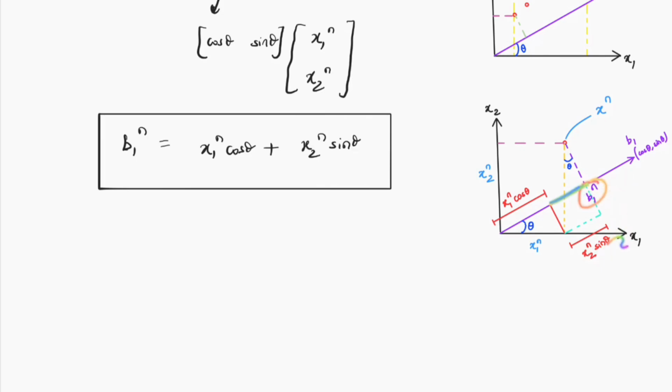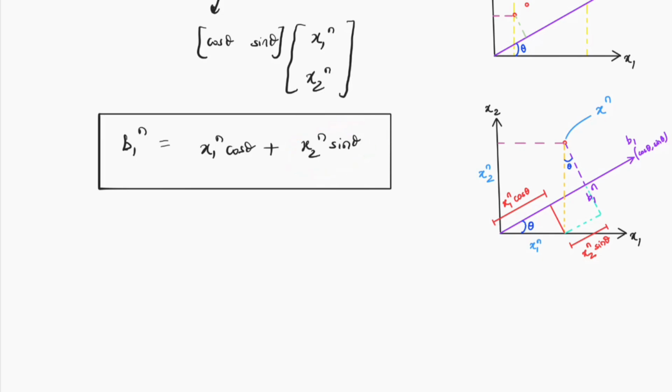So this part is basically x2n sin theta. And where is this coming from? You can directly get it by following this yellow line. When projected using sin theta, it comes to this line. So this is the final projection when you project this line using the sine theta. So this becomes x2 sine theta. So this is the final value of b1n, which is x1 cos theta plus x2n sine theta.